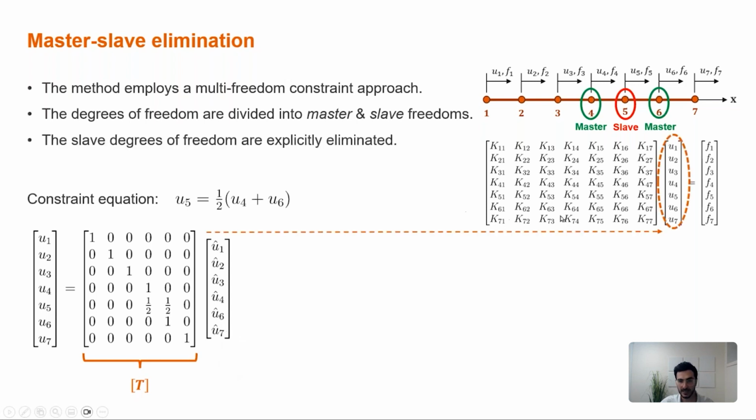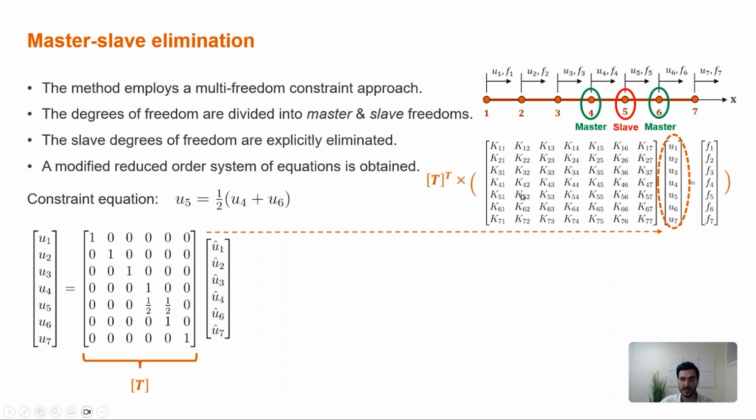The next step is plugging this system of equations into the original one. By doing that, we are explicitly eliminating U5, which was the slave node, but its effect is still embedded in the equation.